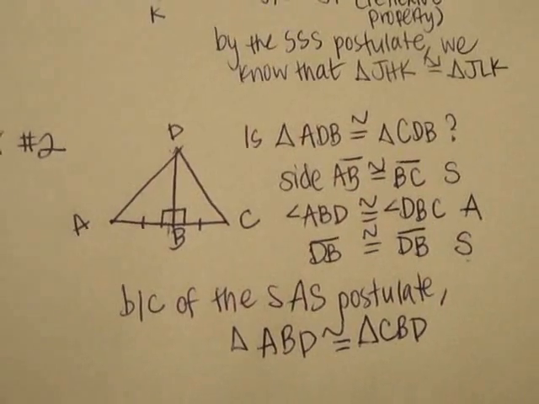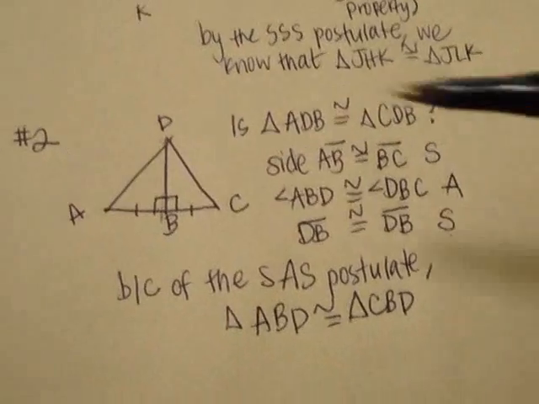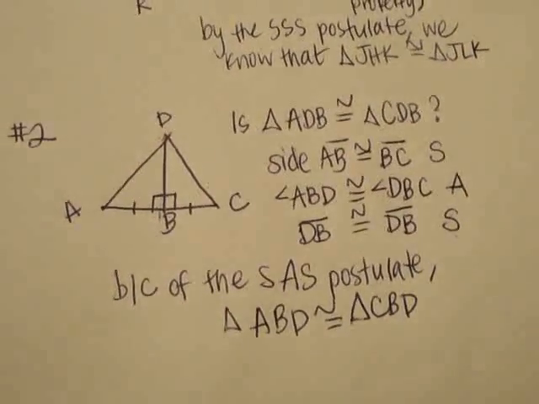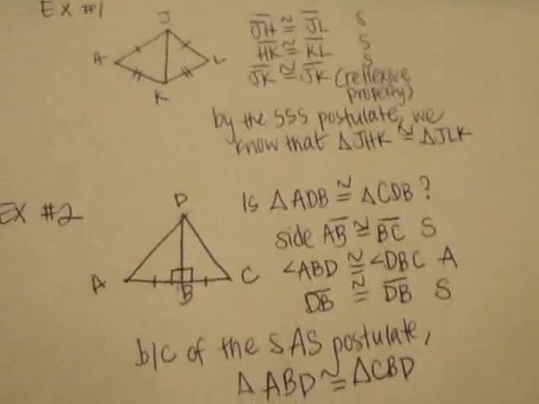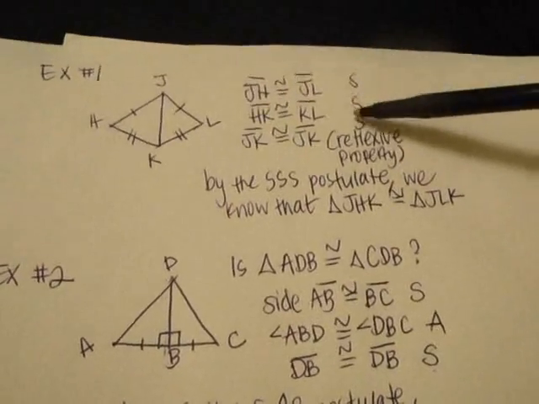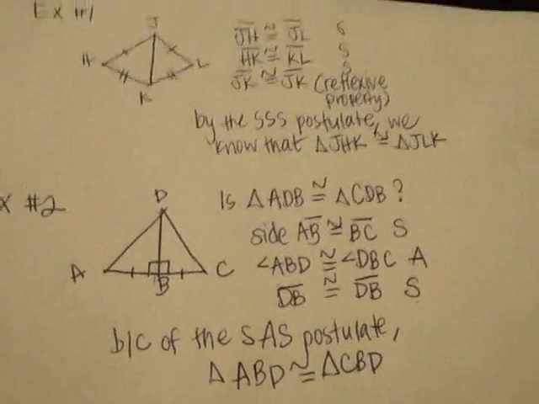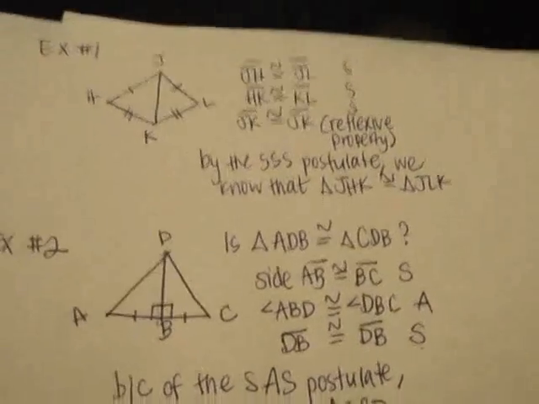So we have now concluded that these two triangles are congruent to each other. And in this lesson, you have learned that you can use the side, side, side postulate or the side, angle, side postulate to prove that two triangles are congruent to each other.